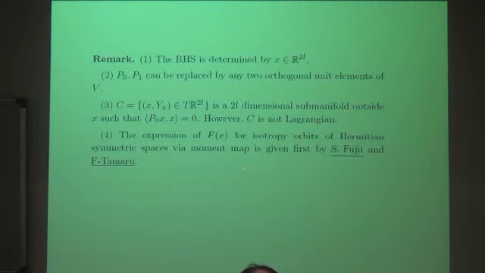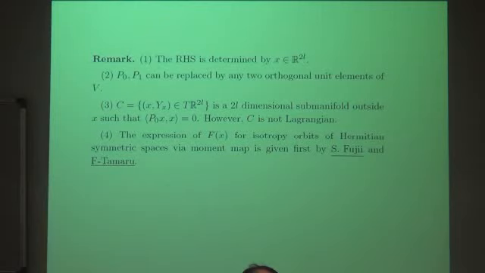And yes, the motivation of this expression is in the work of Shinobu Fujii. He was a PhD student of Professor Tamaru. And first, he gave an expression using the Hermitian symmetric space. In this case, the Hermitian symmetric space itself has a symplectic structure, so they need not take the tangent bundle.